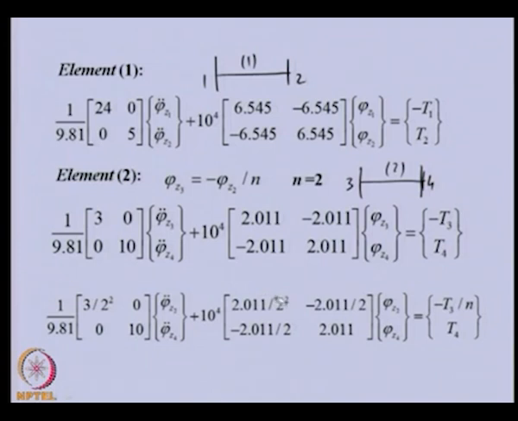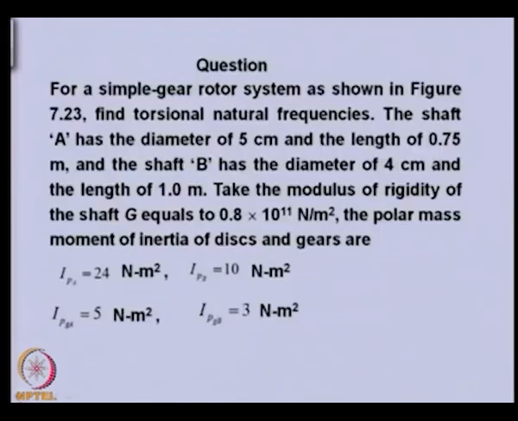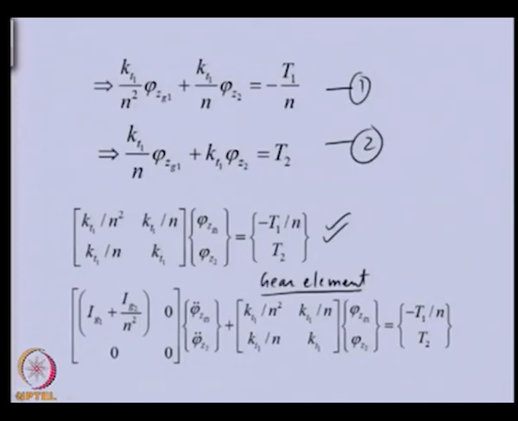Here, this term will be divided by the gear ratio square, and this one by the gear ratio, as if we refer back to the elemental equation. This was divided by n square, the gear polar mass moment of inertia, and these stiffness terms are divided by gear ratio square and gear ratio. This will not be changing, and here also the torque will be divided by the gear ratio.